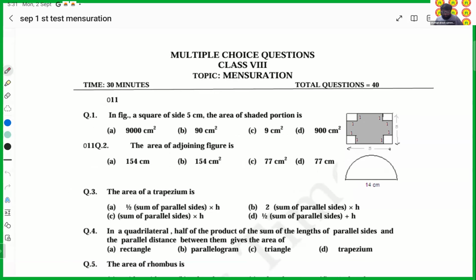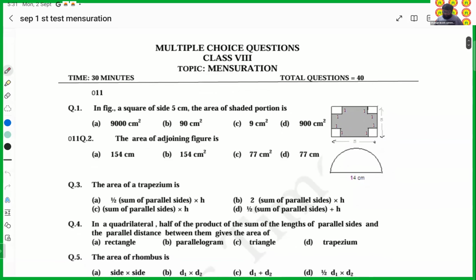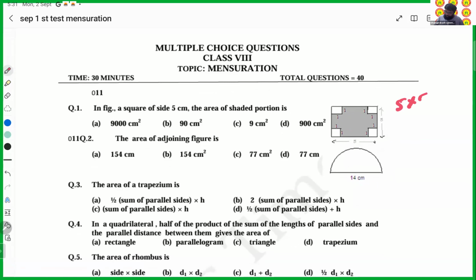So this is the first question, right? In the figure, a square of side 5 centimeter, the area of the shaded portion is asked. So this is 5 centimeters. 5 into 5 is 25.